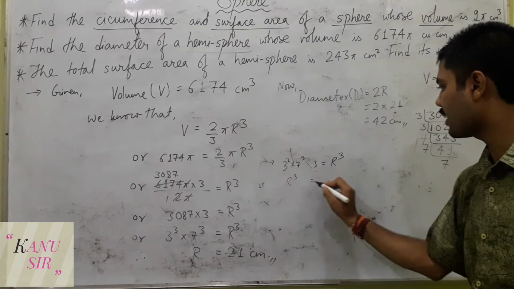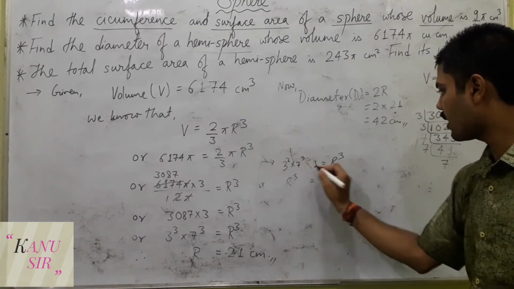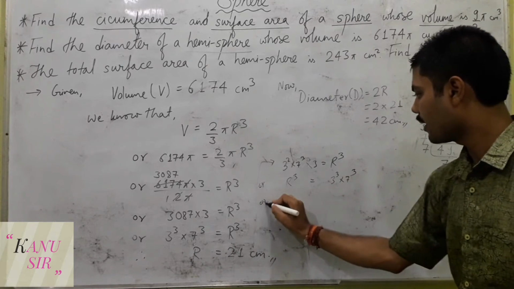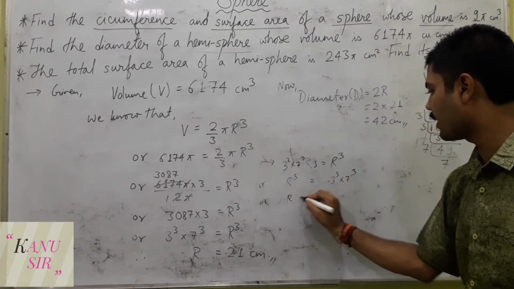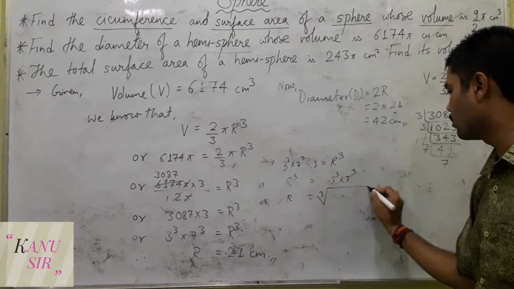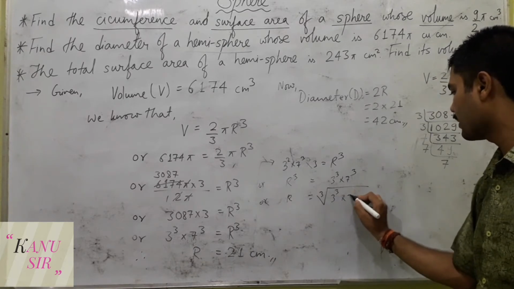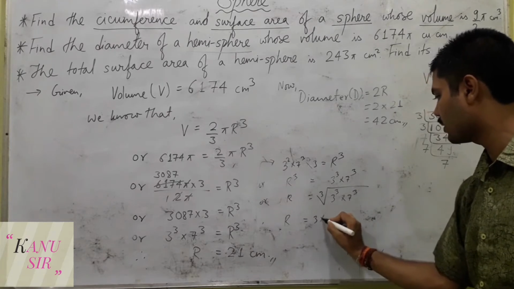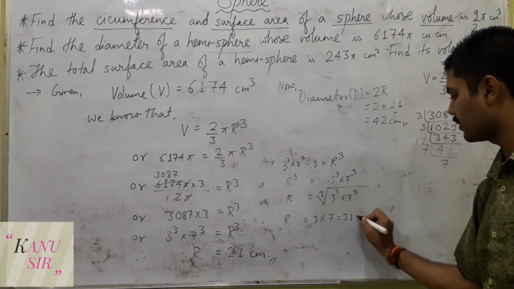You can keep r cube on one side, and 3 square and 3 will give 3 cube and 7 cube, and removing cube from r, automatically here comes cube root of 3 cube and 7 cube. Therefore r is equal to 3 into 7, which is 21.